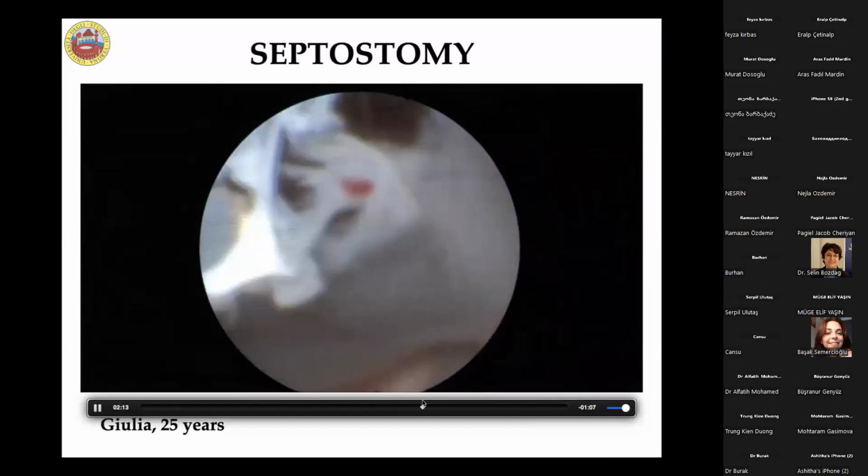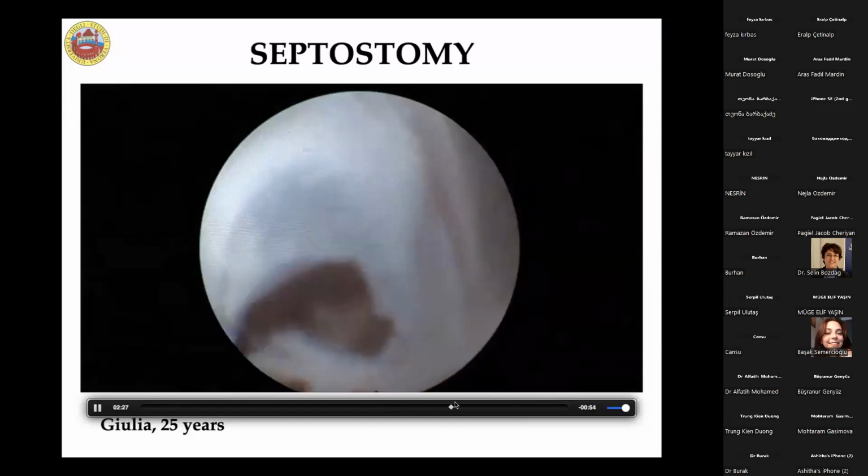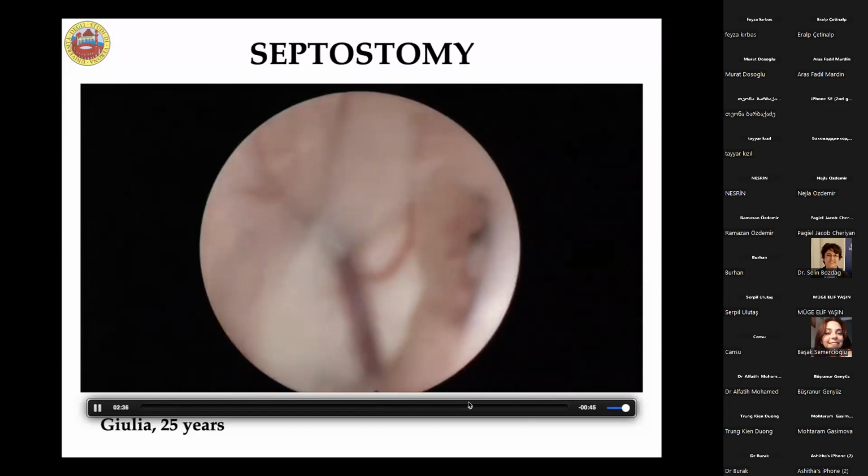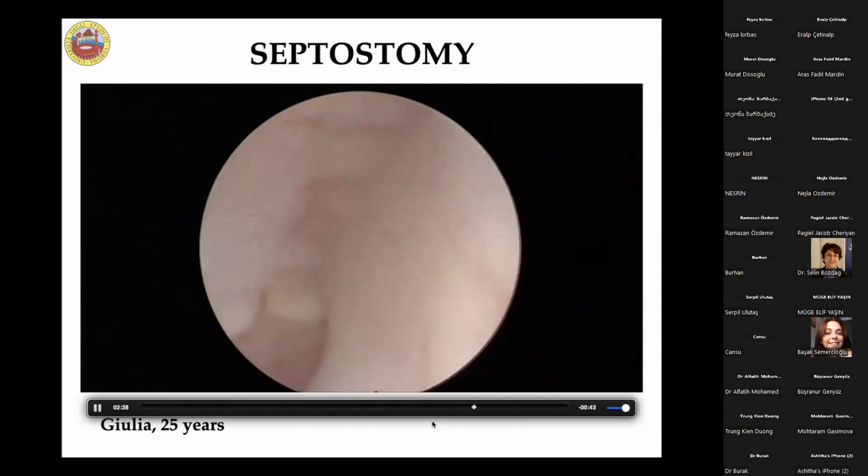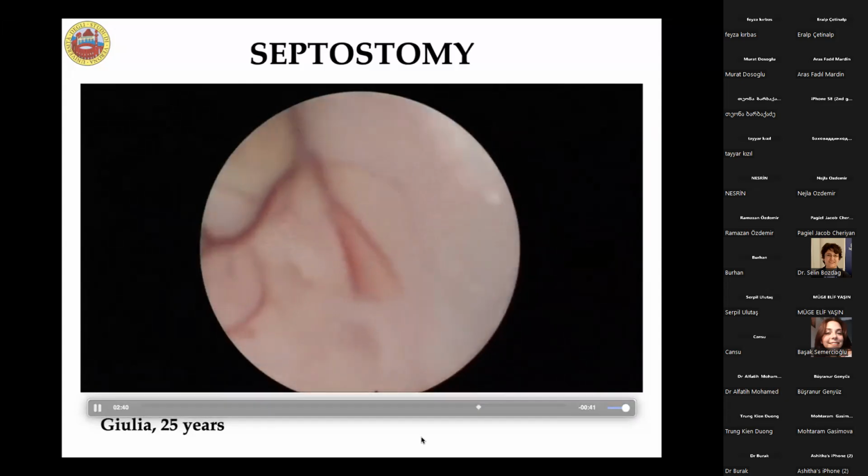And as you can see, after performing this septostomy, we can navigate into the contralateral lateral ventricle.